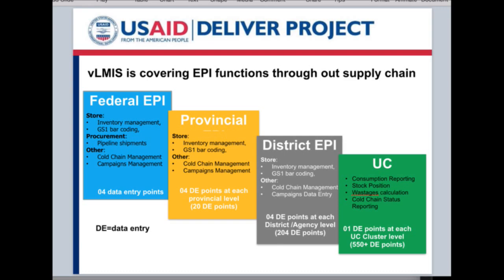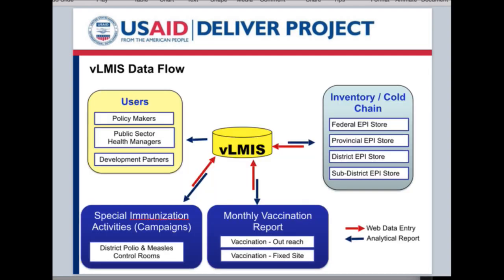The data is uploaded in the monthly vaccination report by the vaccinators at the cluster level, and the inventory is also pushing data at different levels, and then users use this vLMIS data for informed decision making.